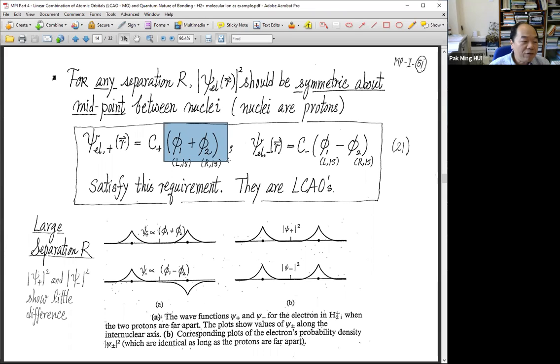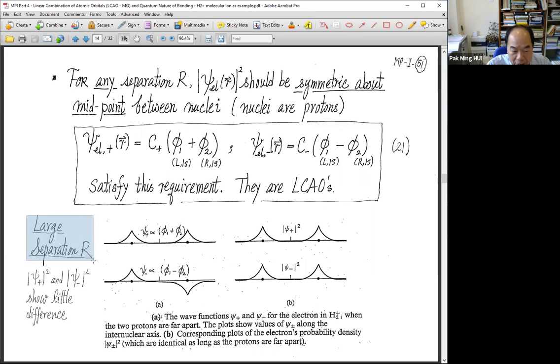Then I have this 1s left added to 1s right, or 1s left minus 1s right, okay? This is exactly like our two well cases. So let's look at two different cases.